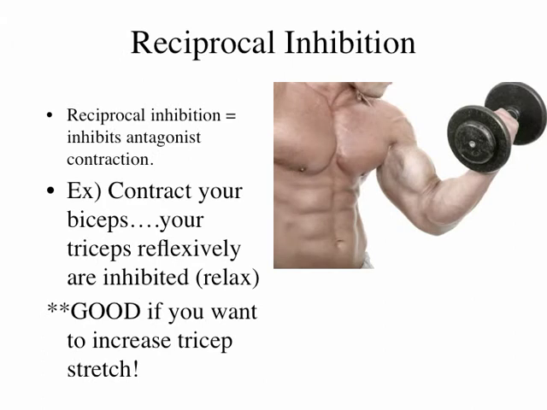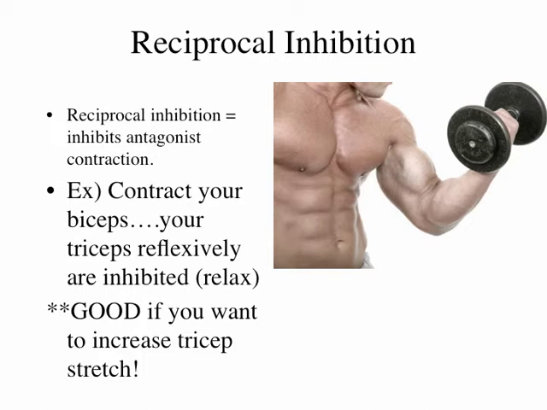One more concept to discuss. This is the final slide, reciprocal inhibition. So reciprocal inhibition simply means that we have an inhibition of the antagonist contraction. So if you contract your biceps, your triceps will reflexively inhibit or reflexively relax.